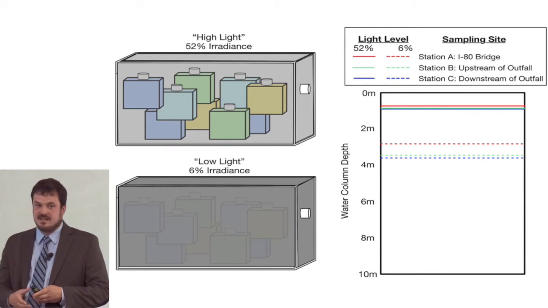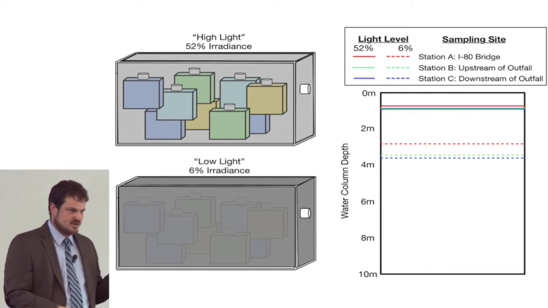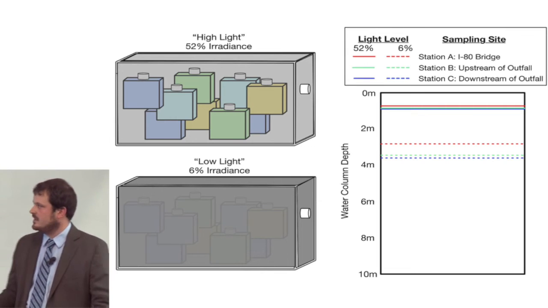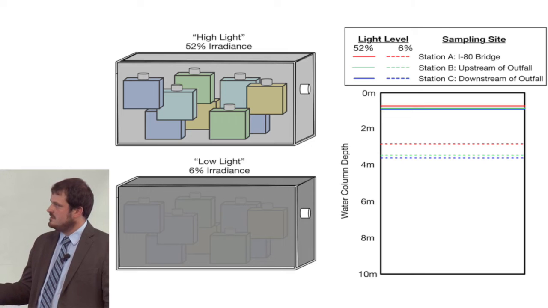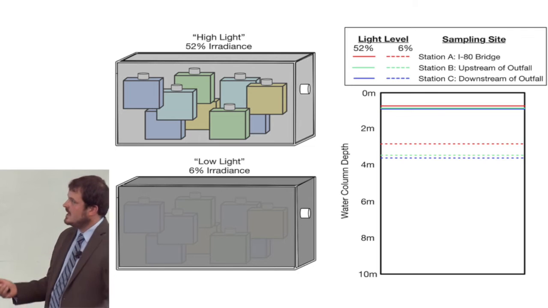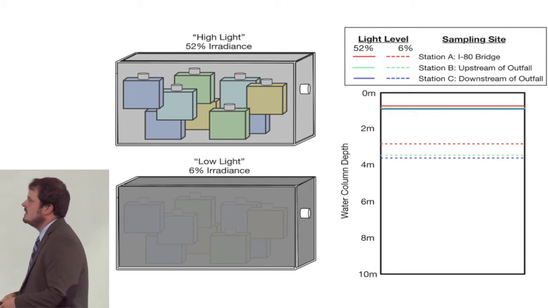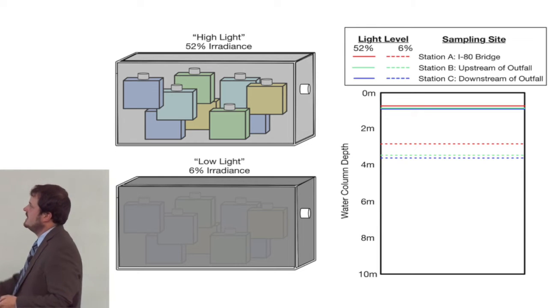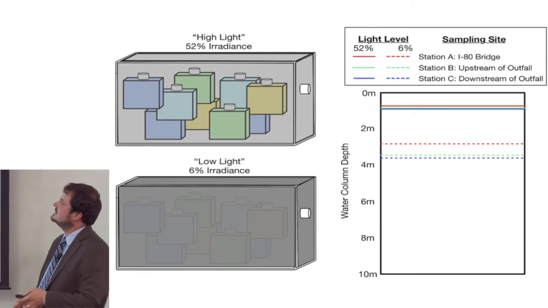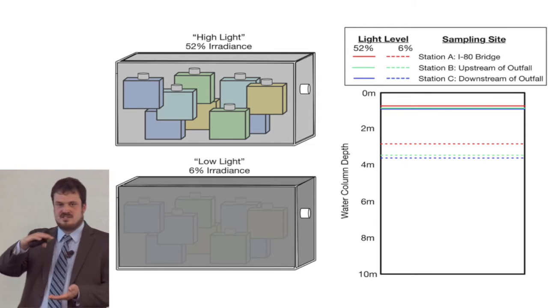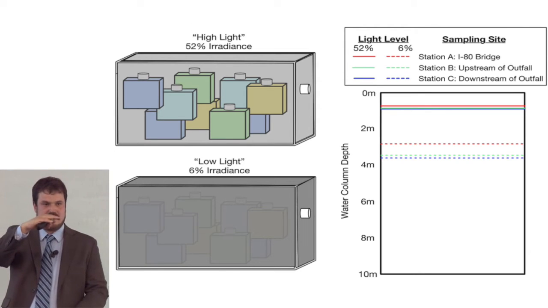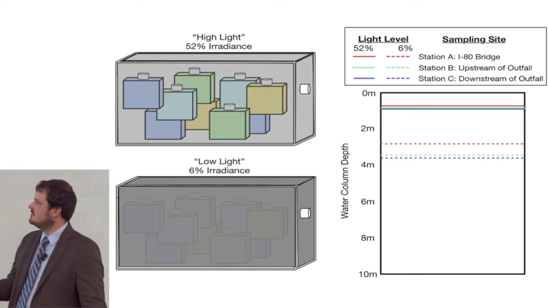And we did it at 2 different light levels. Remember, light was one of the potential causes of affecting phytoplankton growth. So we incubated all of these different treatments at a high light, which was about 52% of irradiance, and a low light level, which is about 6% of irradiance. And just to give you a sense of how much suspended particulate matter and how turbid this is, 50% of the light is gone at about 60 centimeters down in a 10-meter well-mixed water column.